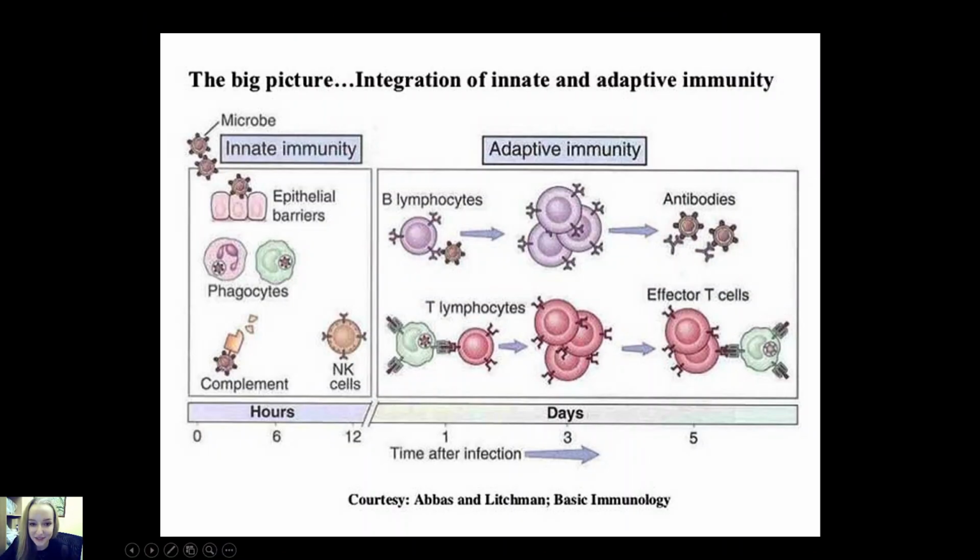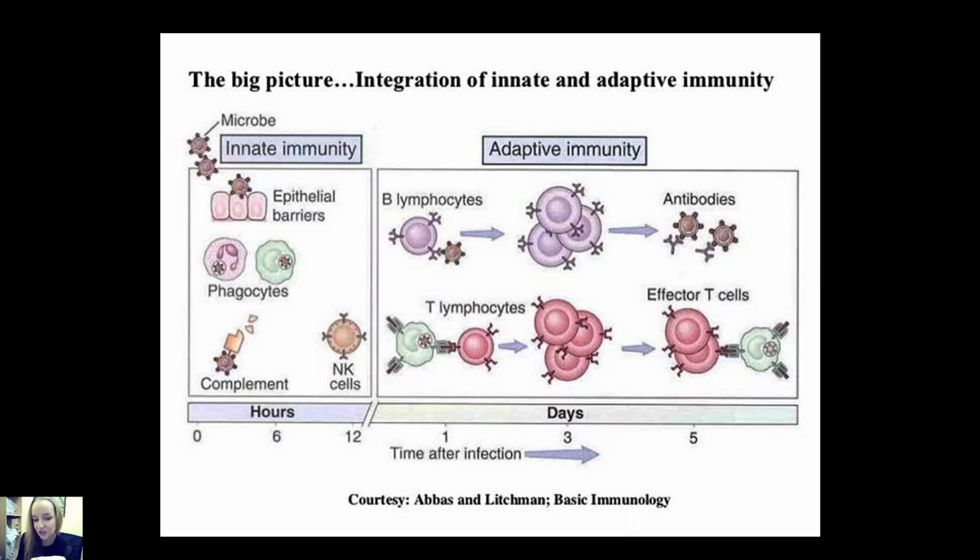So we recognize two partially overlapping lines of defense, the innate immunity and adaptive immunity. You know this from the previous lecture probably. The first type is non-specific, and it's evolutionarily older than adaptive immunity, and these cells are born ready to fight infection.